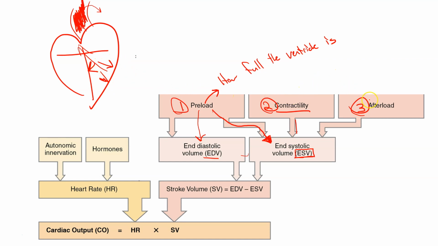So if you increase the afterload, you will increase how much blood remains in the heart after that contraction, because so much of that energy is going towards overcoming the afterload.